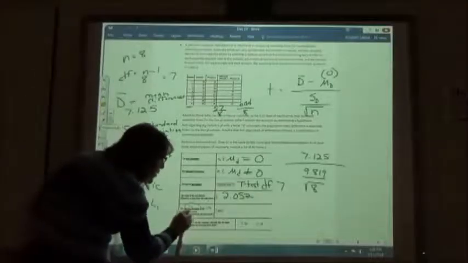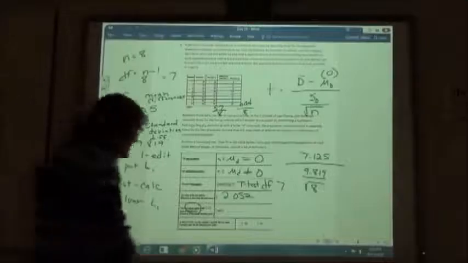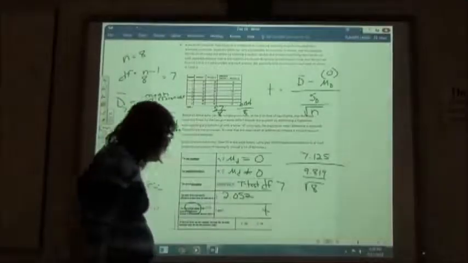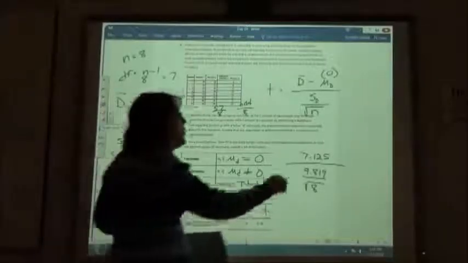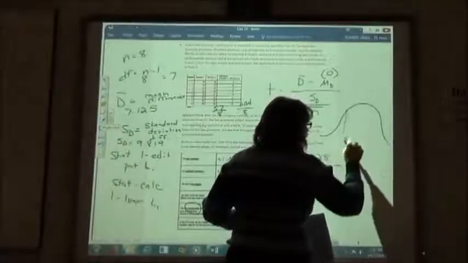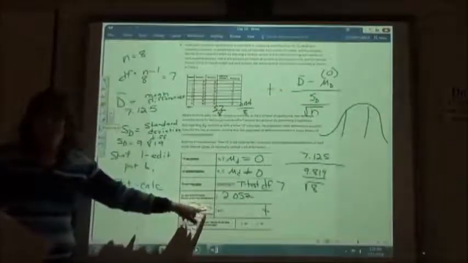We are going to do the critical value. When we do the critical value, that's always when we have the variable subscript. So in this case, since we're doing the t-test, we're going to do t sub something. Since we have an equal and a not equal, that's a two-tailed test, so we have to divide by 2.